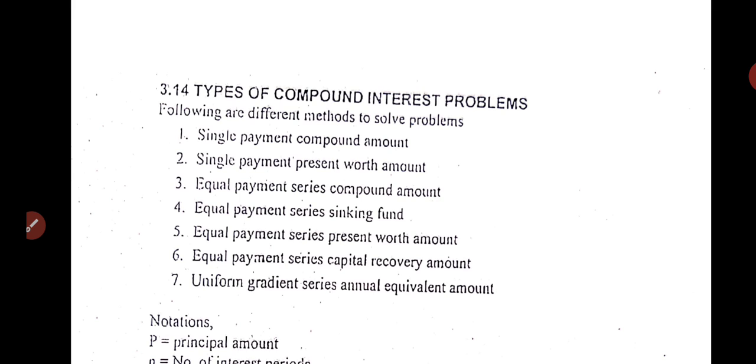So for a future amount of X or 12 lakhs, how much do I have to pay? I am going to find that out in the equal payment series sinking fund. Here I am going to find out the equal payment in the series that I am going to pay. So in a sinking fund, every year I am paying, so that at the end I know the future amount.